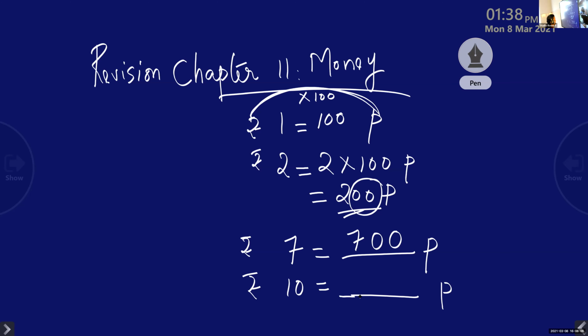Then for 10, it is 1000 paise. So write 10, then how many more zeros to be added? 2 more zeros. I told you to write it faster in the rough book.